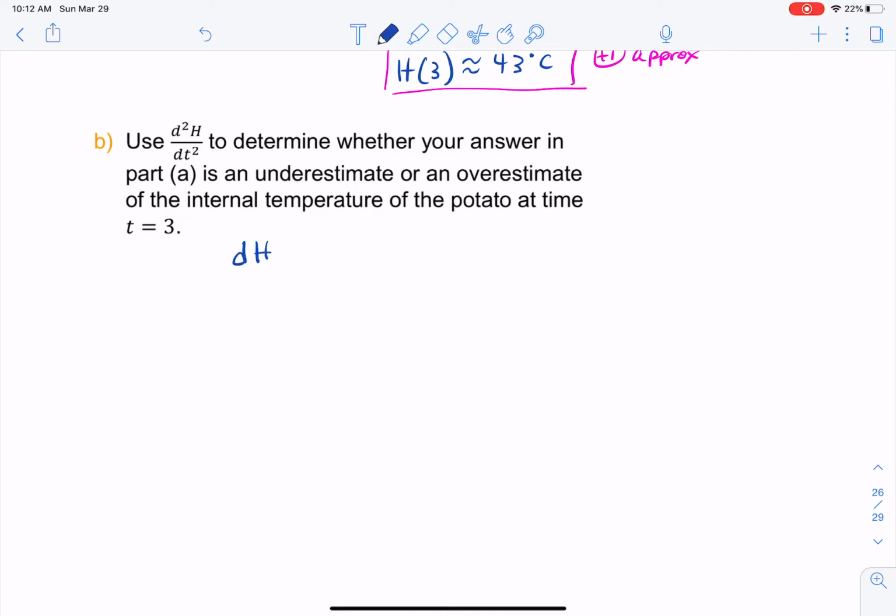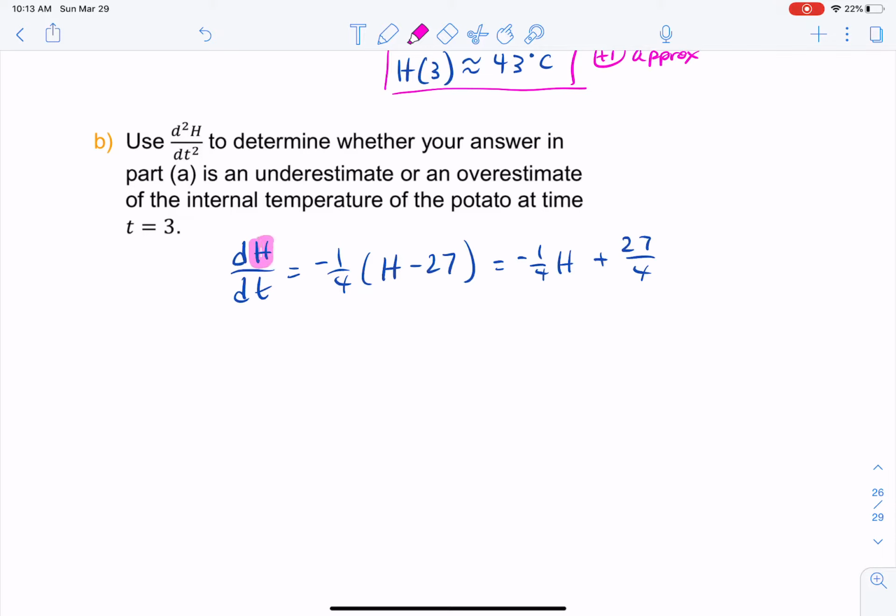So I'm going to write this down just one more time. dh/dt is equal to negative 1/4 of h minus 27. And then if you would prefer, negative 1/4 h plus 27 over 4, if I were to distribute there. And I want to call your attention to a couple things.